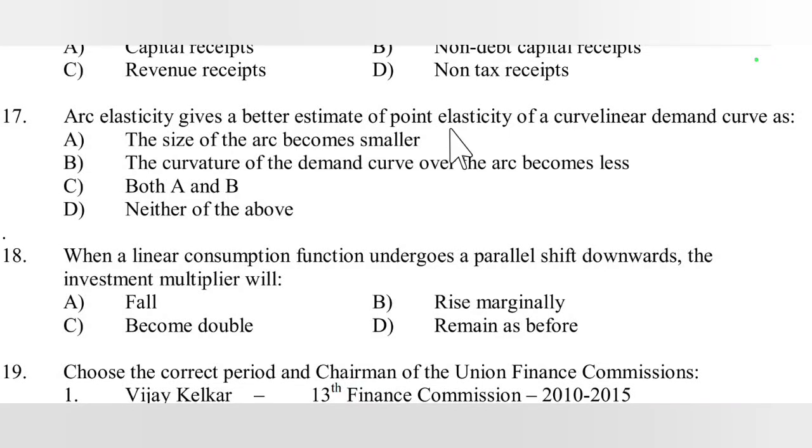Why? If we take the first option, the size of the arc becomes smaller. Yes, the difference between the two points on the demand curve decreases. This makes the calculation of arc elasticity more accurate in approximating point elasticity.